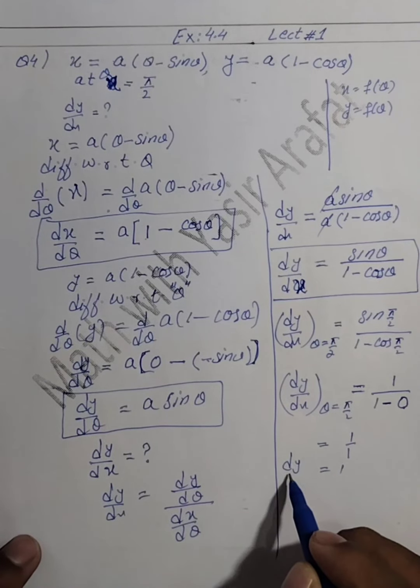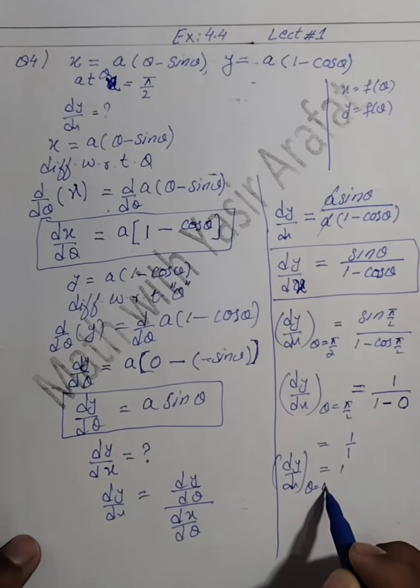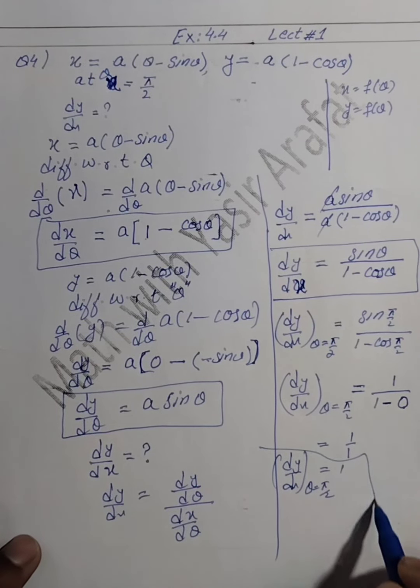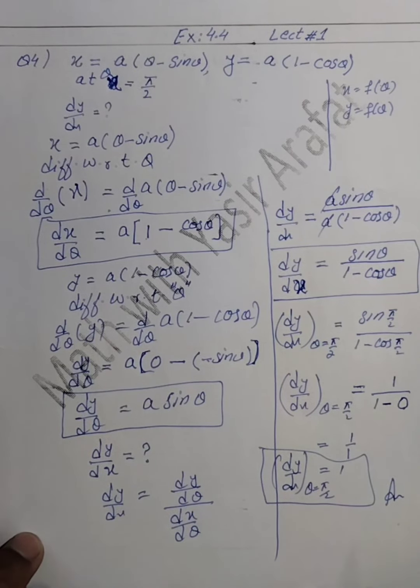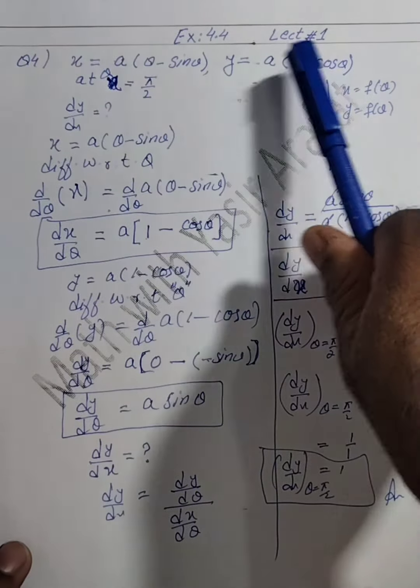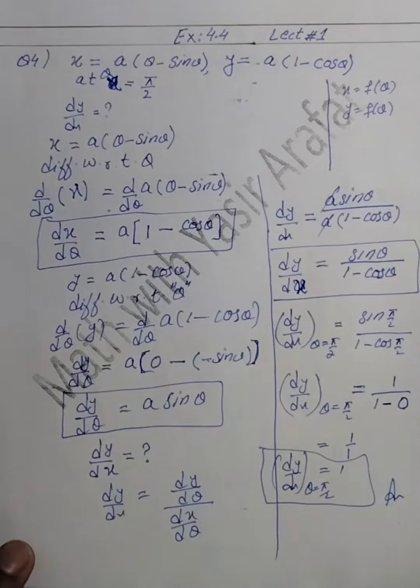So the value of dy over dx at theta equals pi upon 2 is equal to 1. This is the derivative of the parametric equation when theta is equal to pi upon 2.